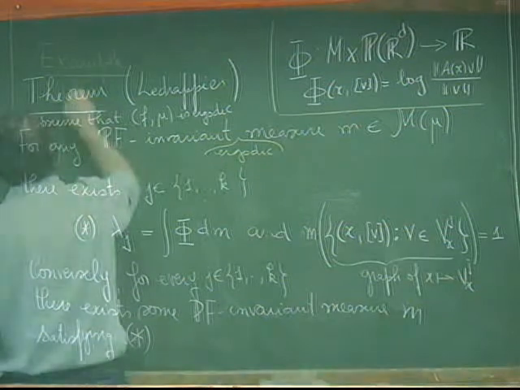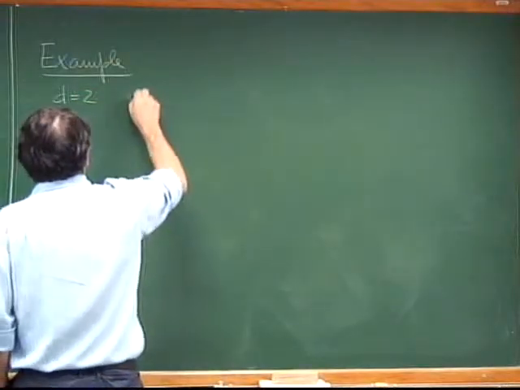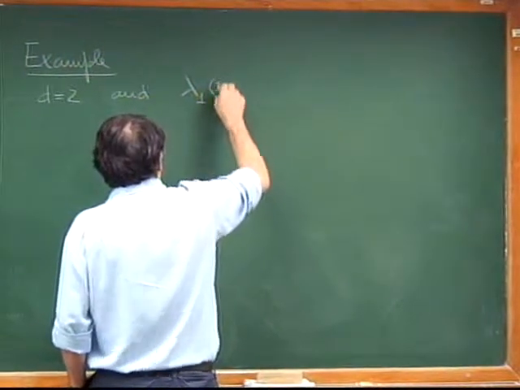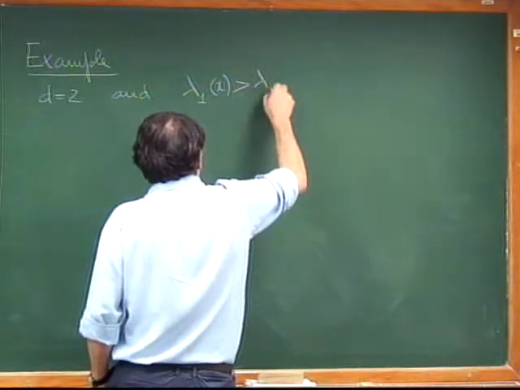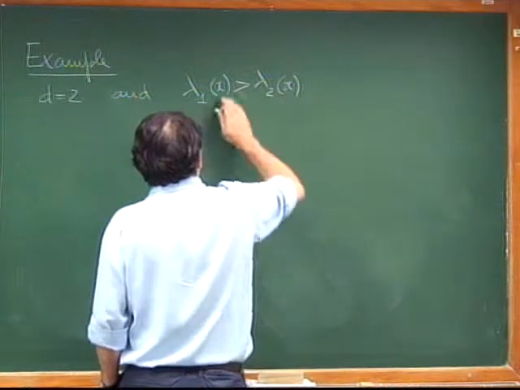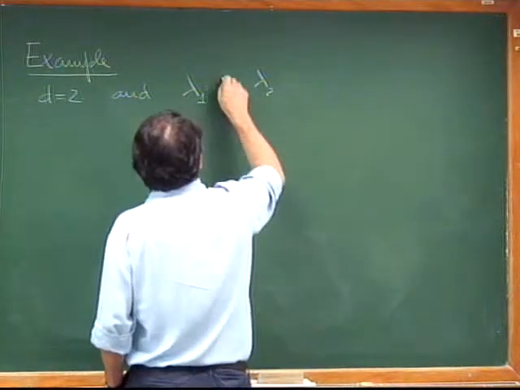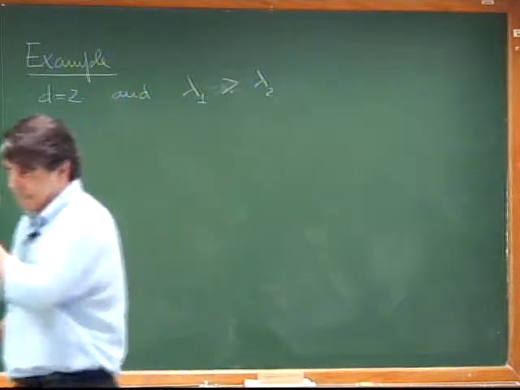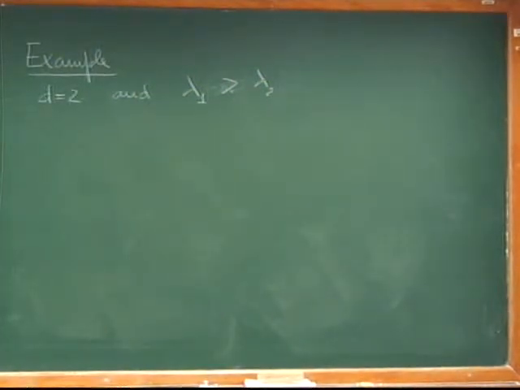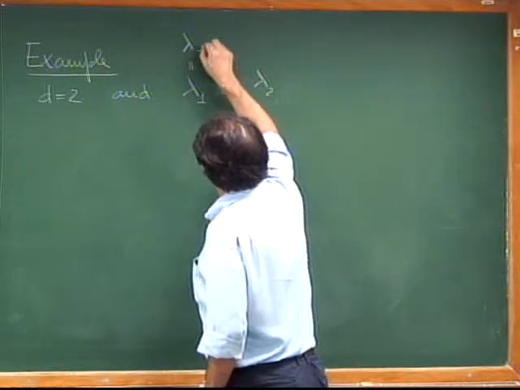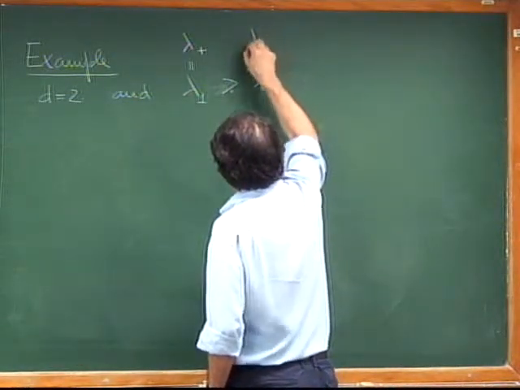Suppose d equals 2, and the first exponent is strictly larger than the second. So lambda 1 is bigger than lambda 2. And as we know, lambda 1 is lambda plus, and lambda 2 is lambda minus.